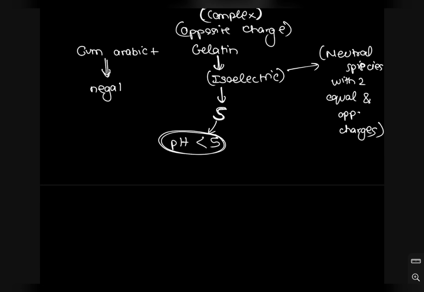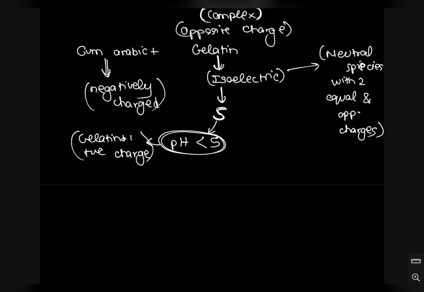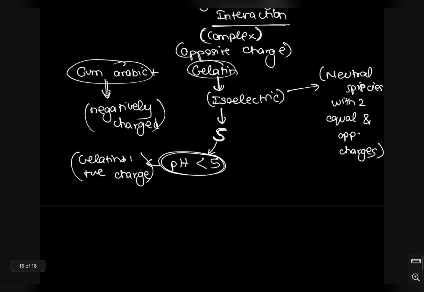because that is acidic, and gelatin is positively charged. Okay, so we have two opposite charges at a particular pH in this case. So gum arabic and gelatin will be the two polymers which will be interacting with each other.